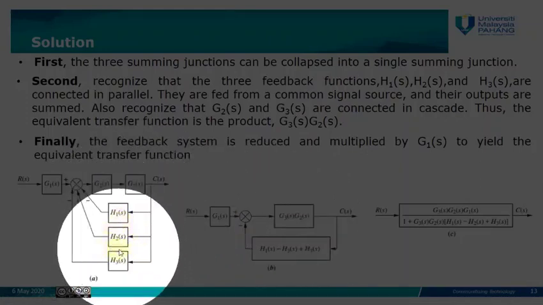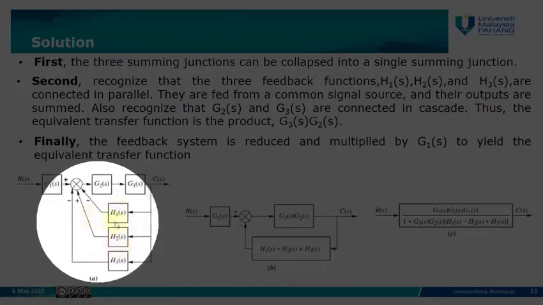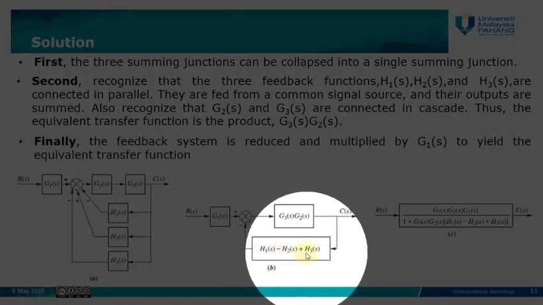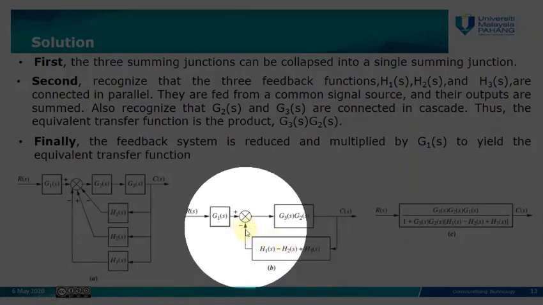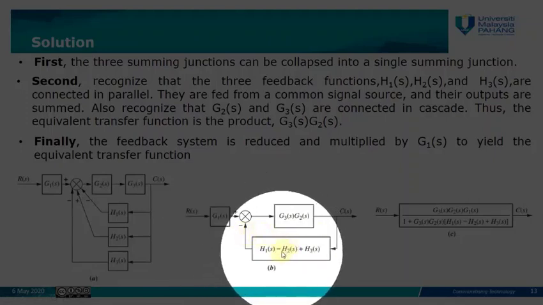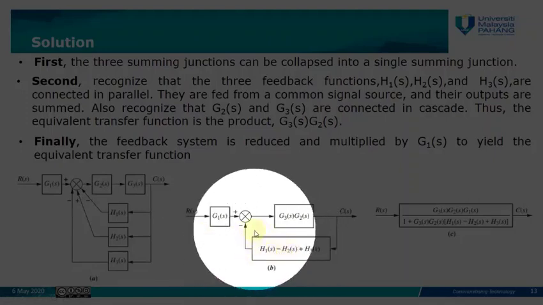Now H1, H2, H3 are in parallel, so it will give you H1, negative H2, positive H3, and with one input here. Since we already combined them in parallel, we need to do the algebraic sum for all the inputs, and we consider the sign.